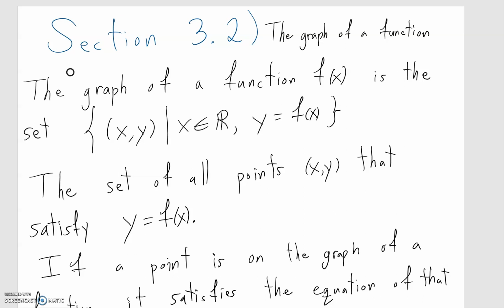Remember that in this class we're usually talking about real valued functions, and so this is the definition that we have here for real valued functions. So the set of all points x comma y that satisfy the equation y equals f of x.